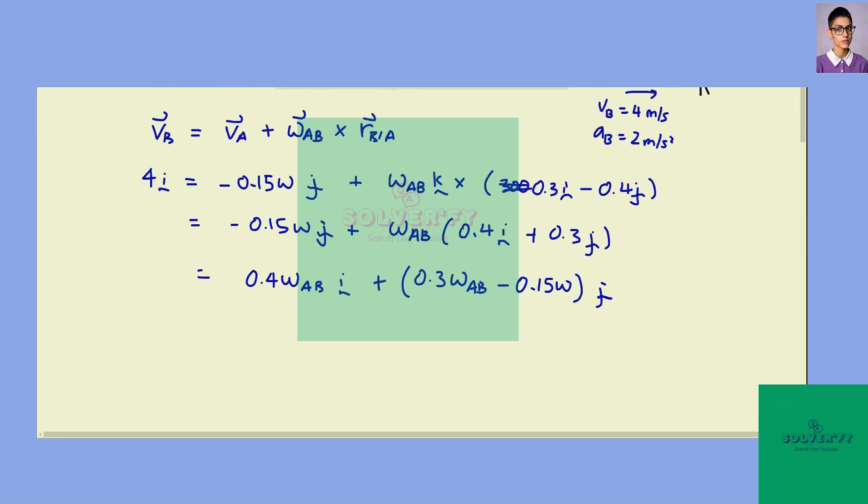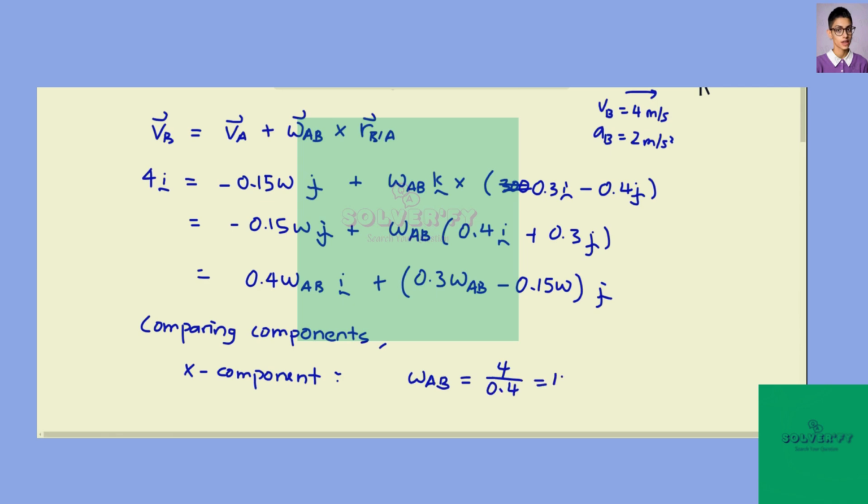From here, if we compare the components, for the x component, we get omega AB is equal to 4 divided by 0.4, which is 10 radians per second.